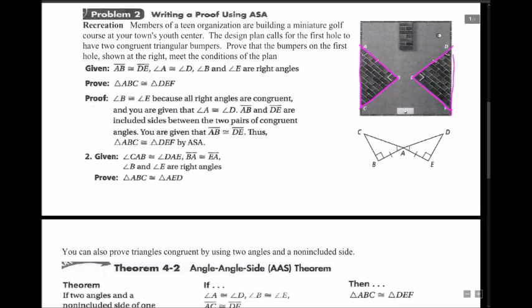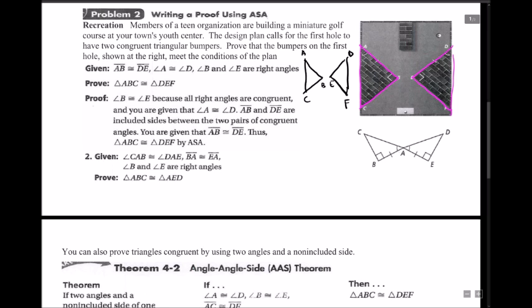And so first thing I'm going to do is redraw. So we got this triangle and this triangle. We should have a little more space, but that's okay. So A, B, C, and D, E, F.